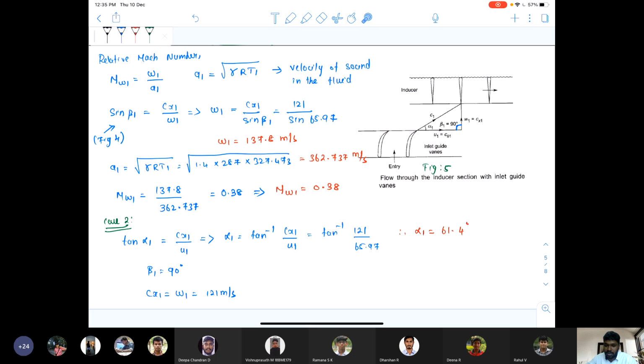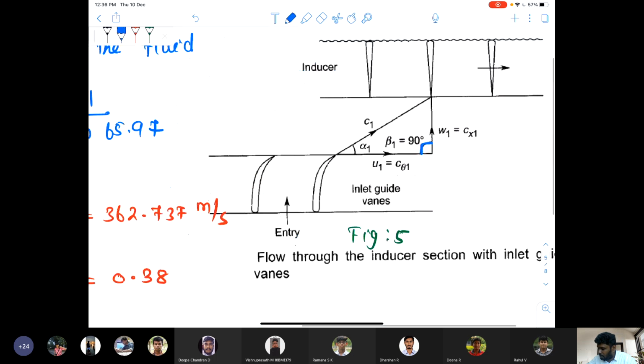The value of relative Mach number will be different on account of the values of w1 and c1. Since there are different values for w1 and A1, you should find the value of C1 in order to find the value of MW1. Therefore, from this diagram, sine alpha 1 will be equal to Cx1 divided by C1.